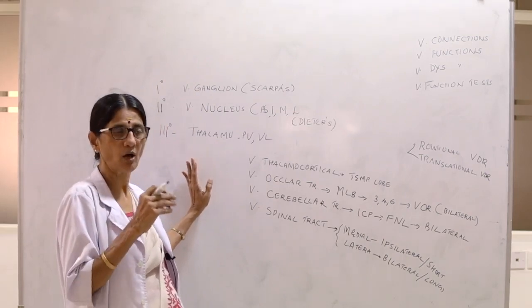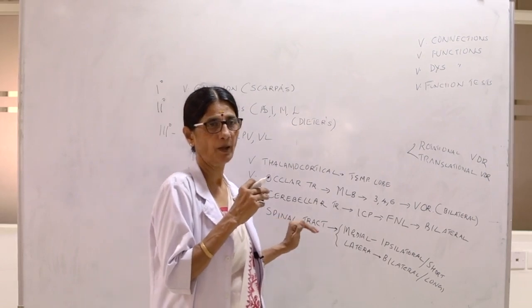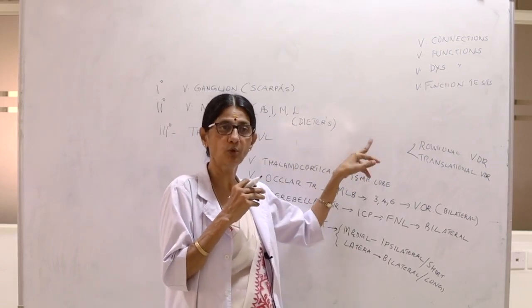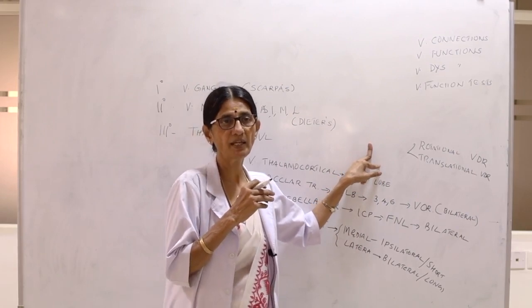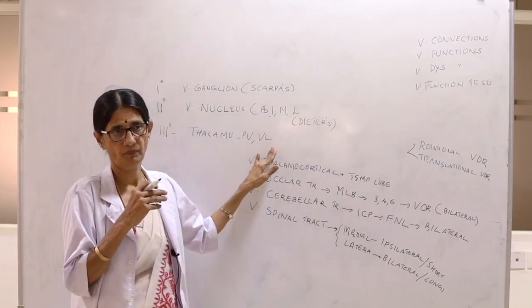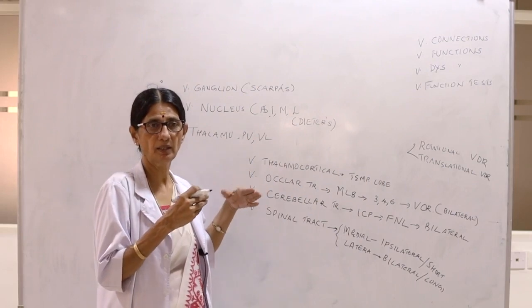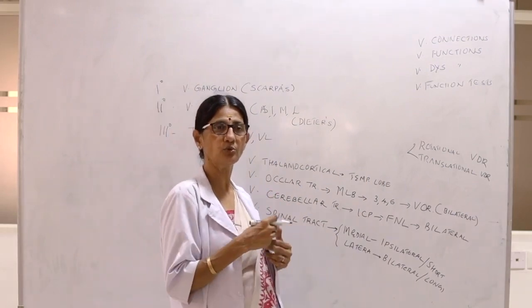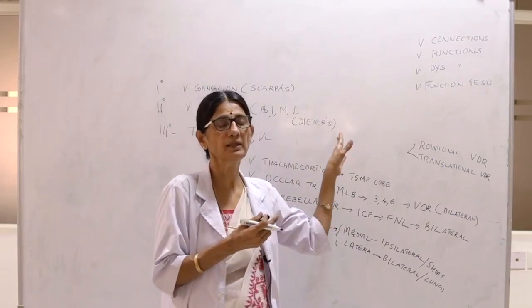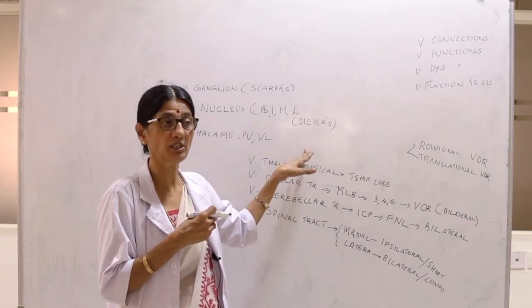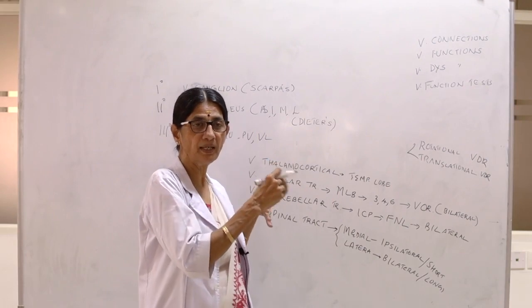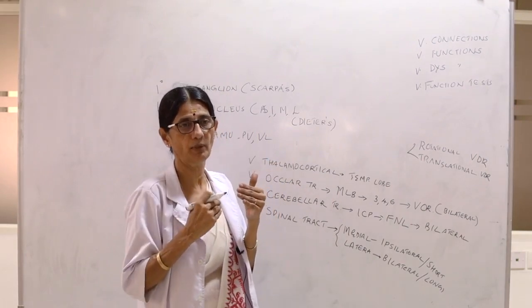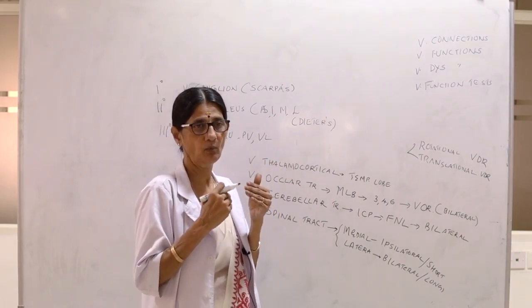This is possible because here comes the role of the flocculonodular lobe, which is an organ having a high predictive function, where it can predict the disequilibrium or the displacement that is going to happen, and it will send the signals to the semicircular canals, where it is able to detect at the beginning as well as at the end of the movement, whatever be the type of movement that happens.